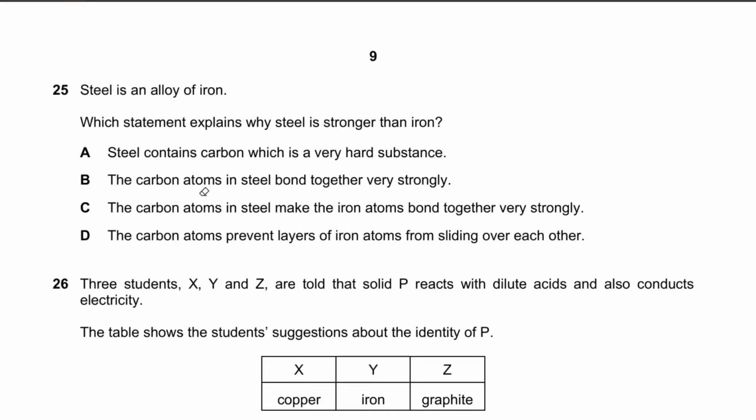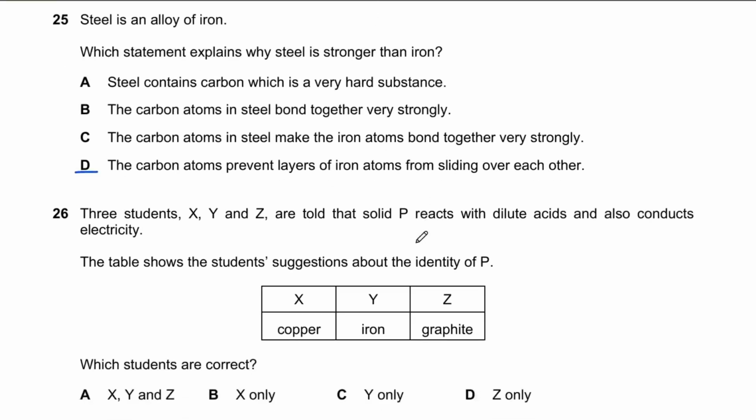So the same thing here. Steel is an alloy of carbon and iron. So the carbon atoms prevent the layers of iron atoms from sliding. So that is why it will be stronger than iron. So our answer should be D. The carbon atoms prevent layers of iron atoms from sliding over each other.